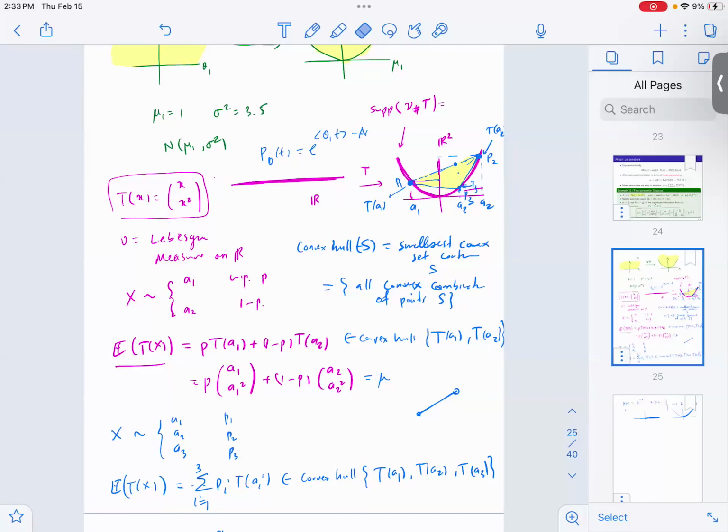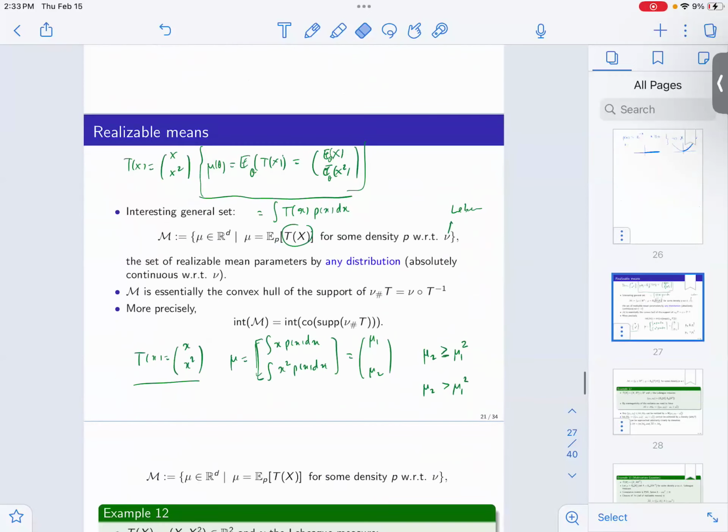If you see the definition, this is the expectation under the distribution of density p with respect to u. So once you do this, as you vary this p, this u recovers itself. Okay. Any questions?